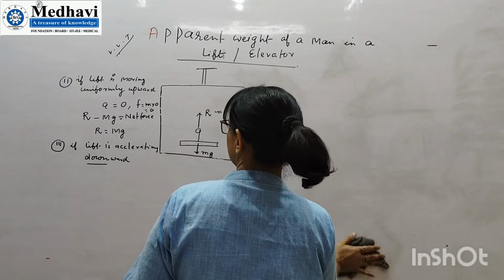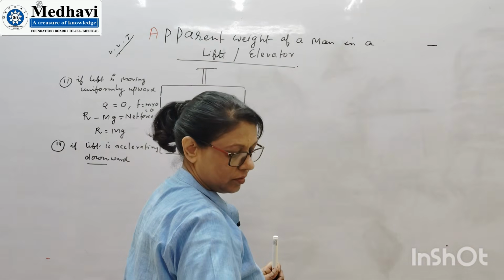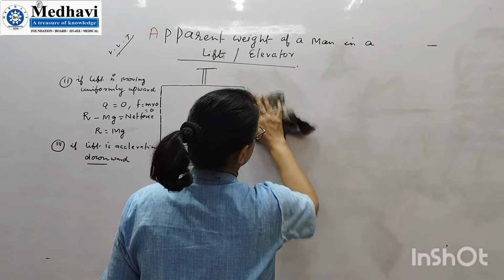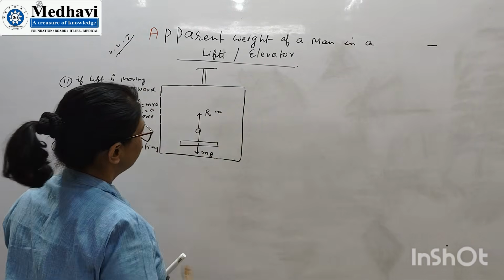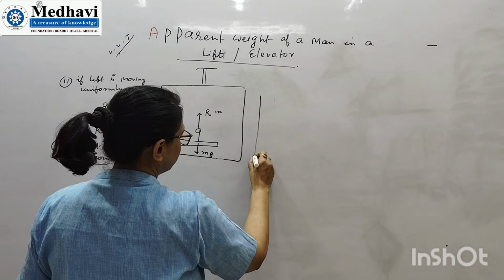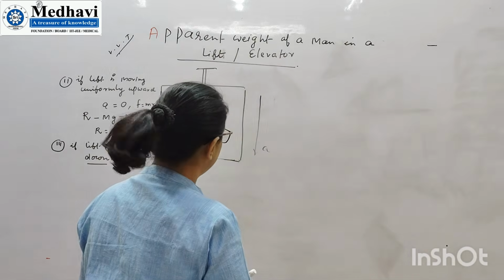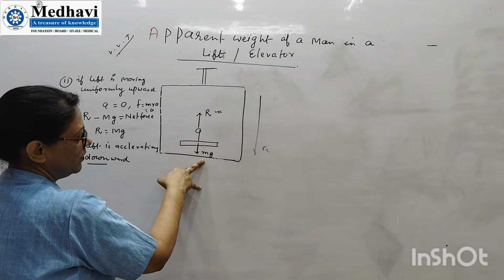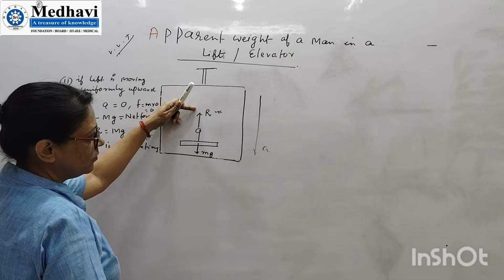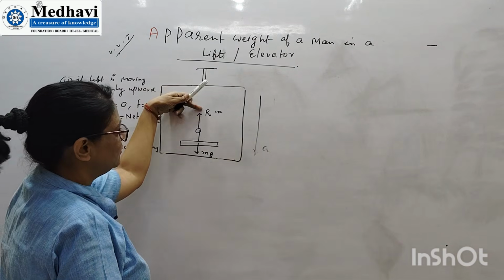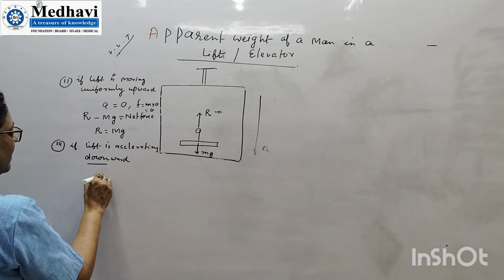I have already explained in the free body diagram that if the body is going down, the downward force must be bigger than the upward force, and if the body is going up, the upward force must be bigger. So here we will draw the diagram.